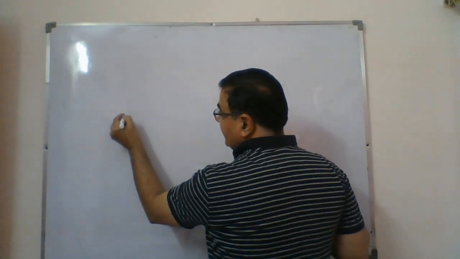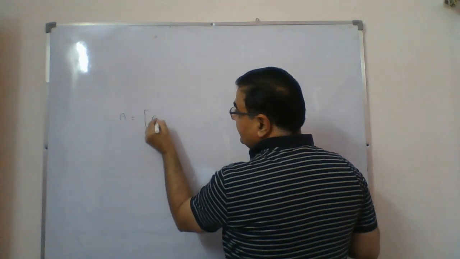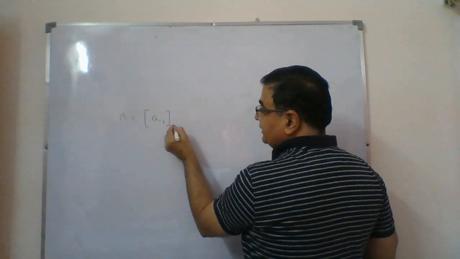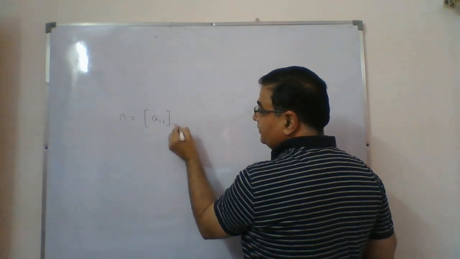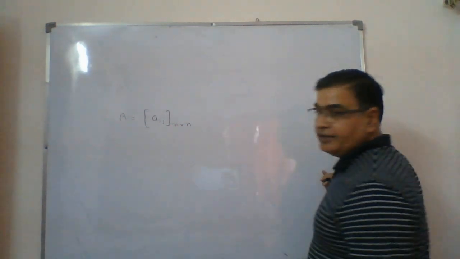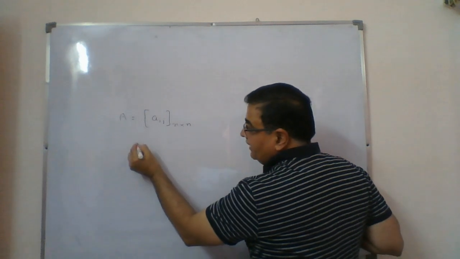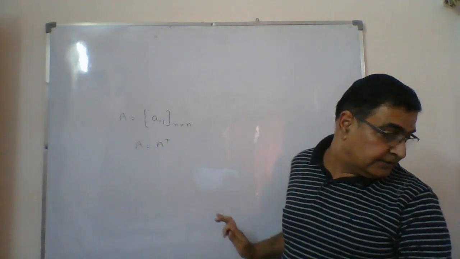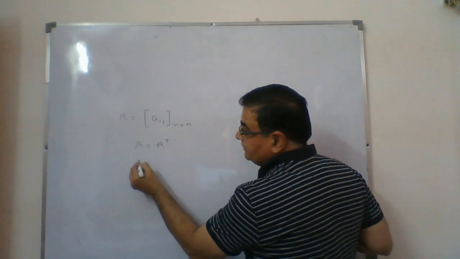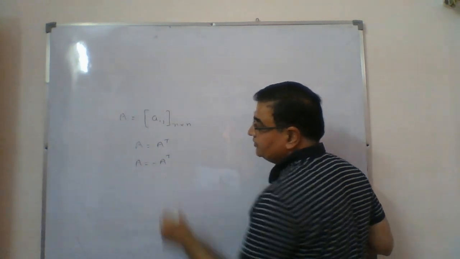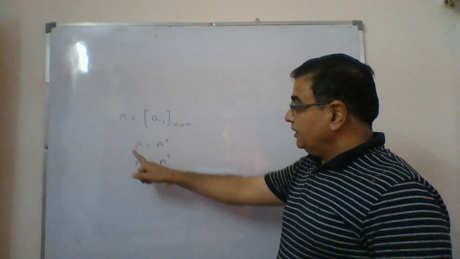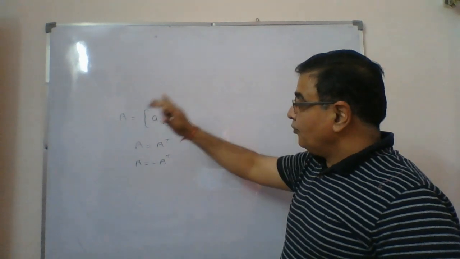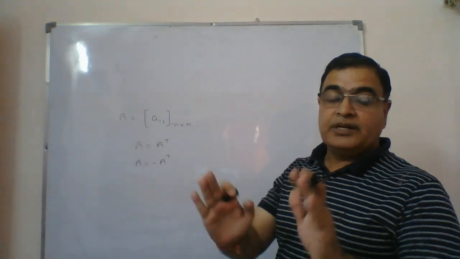Symmetric means A is equal to A transpose, and the second condition is A is equal to minus A transpose. My question is: prove that this matrix will be a null matrix.